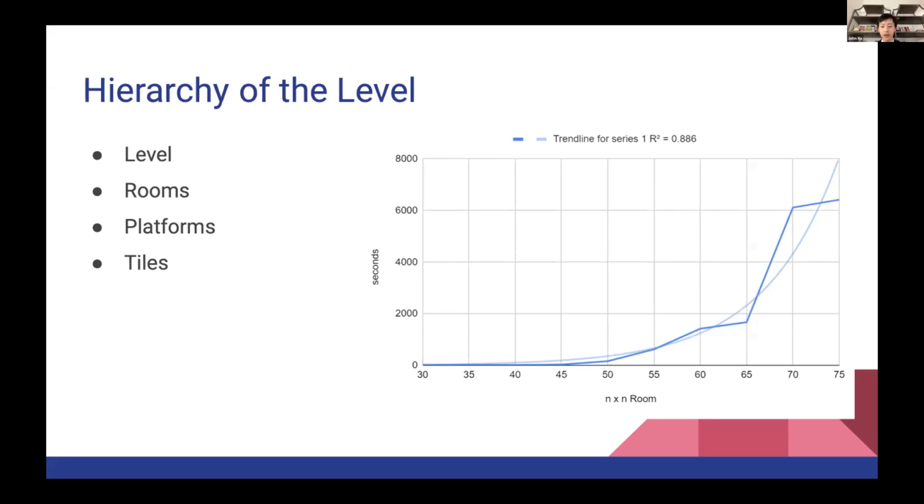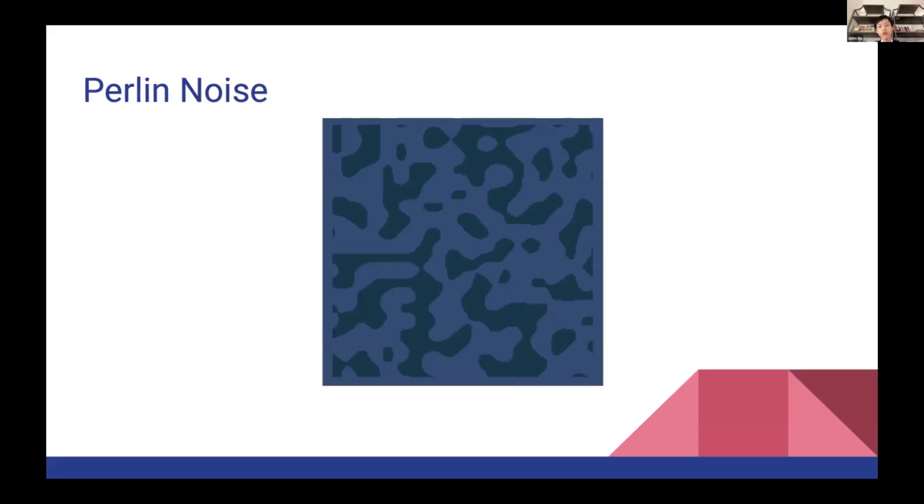So that's the idea. I also talked about the more mainstream ways of procedurally generating levels. I don't know if anyone is very familiar with Perlin noise, but it is much more common to use Perlin noise. It has its downsides, but it also has its very clear upsides.